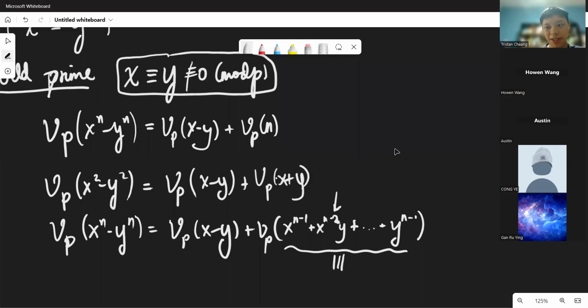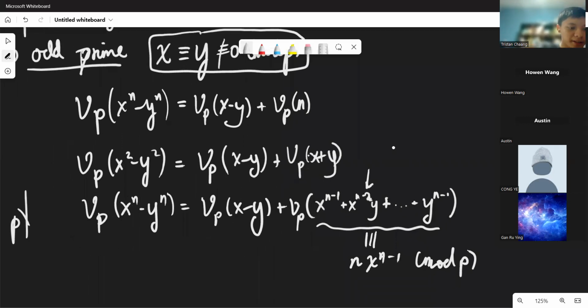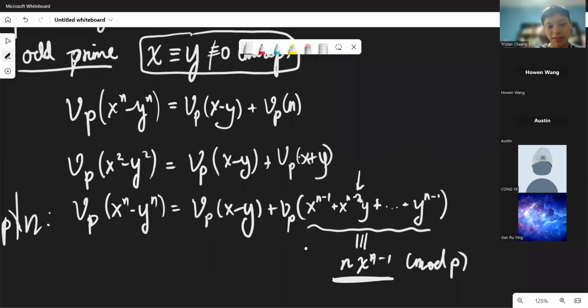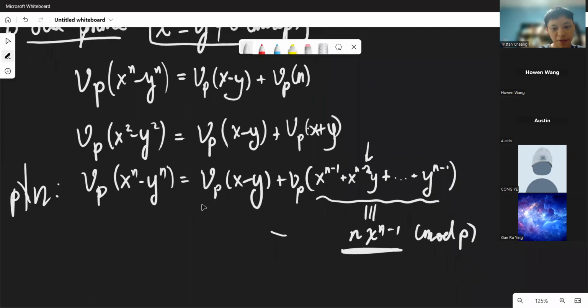And then the third term is also x to the n minus 1 and so on. Every single term here is congruent to x to the n minus 1. And there are n terms. Is that right? Yeah, there are n terms. So this is just congruent to n times x to the n minus 1 mod p, remember, mod p. So for the case where p does not divide n, we have proven the lemma, right? Because this thing is not 0, it's not a multiple of p, and hence this whole Vp is 0, and then we are finished for this case.